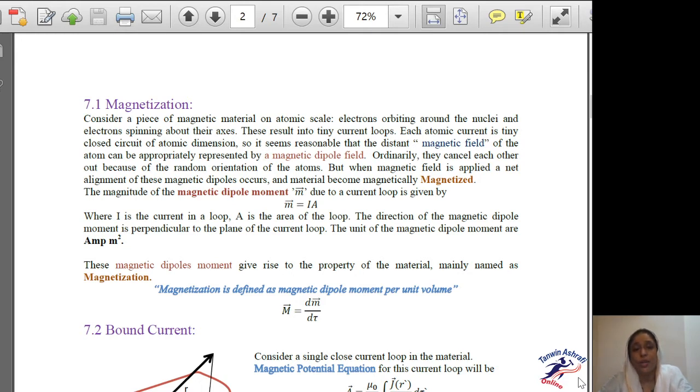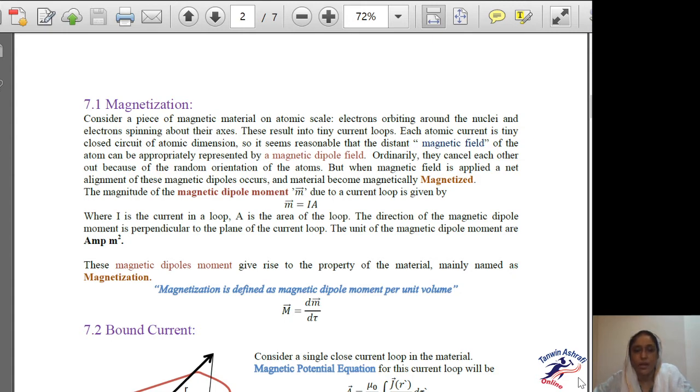So it seems reasonable that the distant magnetic field of an atom is appropriately represented by a magnetic dipole field. Ordinarily, they cancel each other out because of the random rotation of the atoms. But when a magnetic field is applied, a net alignment of these magnetic dipoles occurs, and the material becomes magnetized.